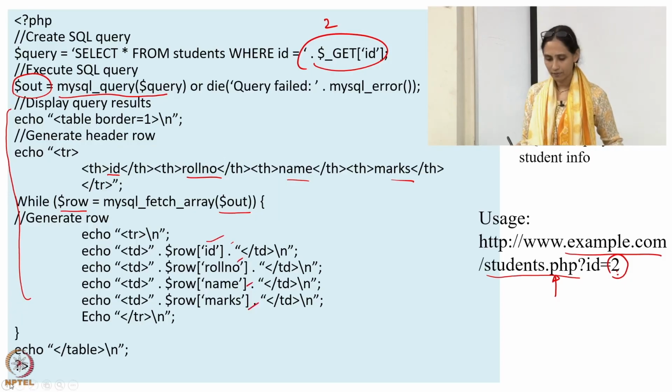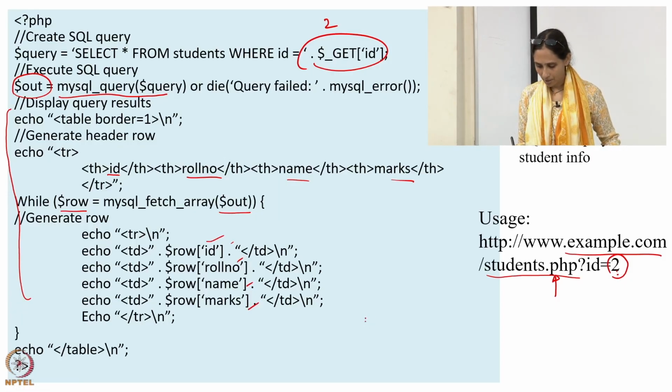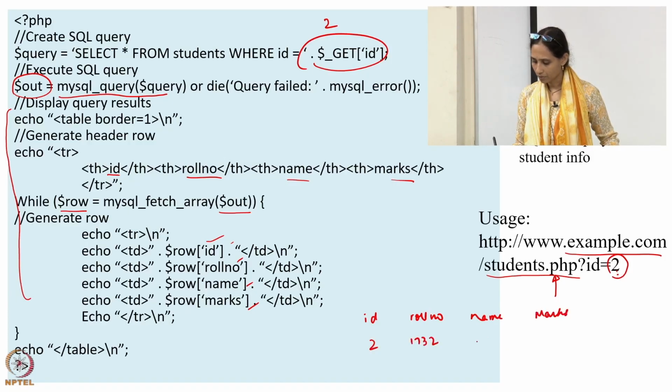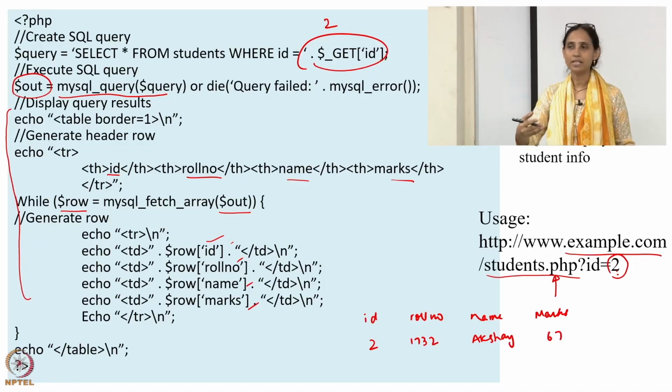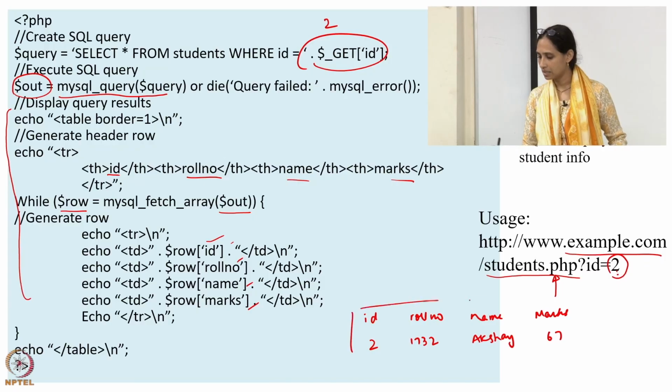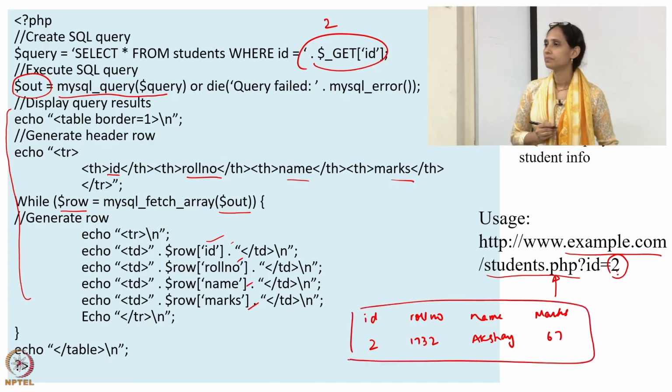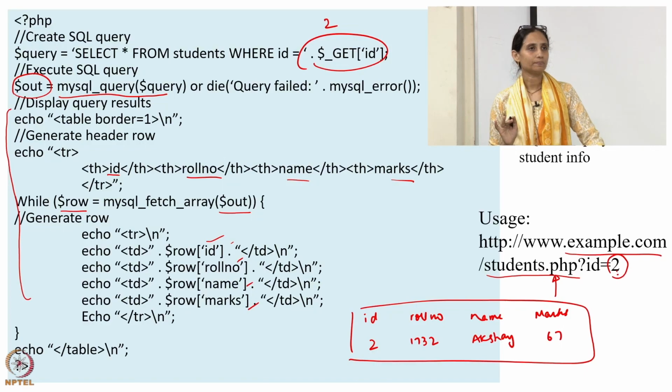So, basically it will have something like ID, roll number, name, marks, and if this ID is 2, roll number is 173, name is Akshay, marks is 67. This is what gets displayed, as in it is constructing the HTML like this, and this will get sent back to the user who typed this. So, he basically will see this in the browser. Is it clear what has happened so far?